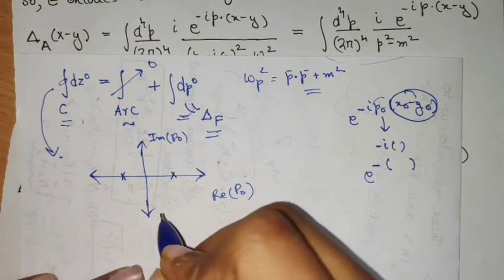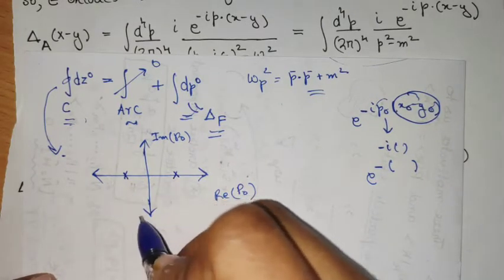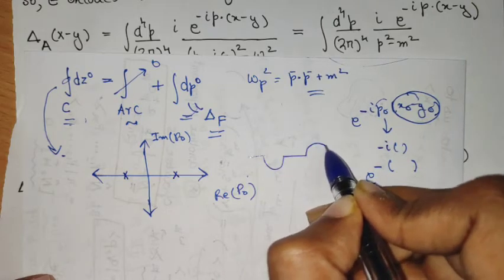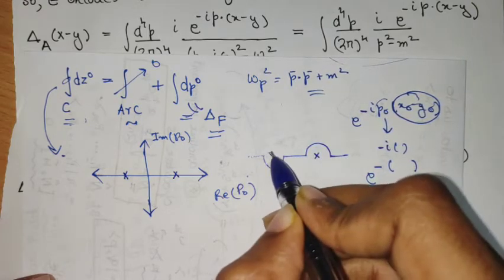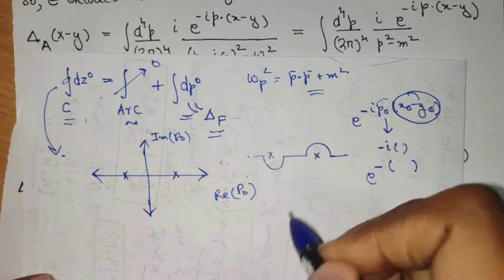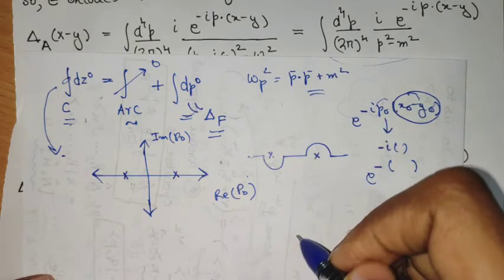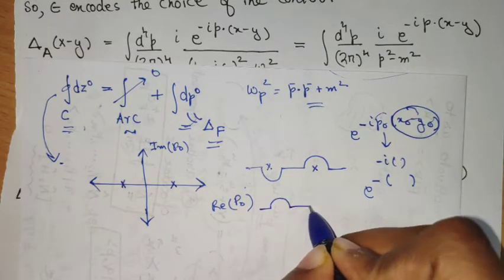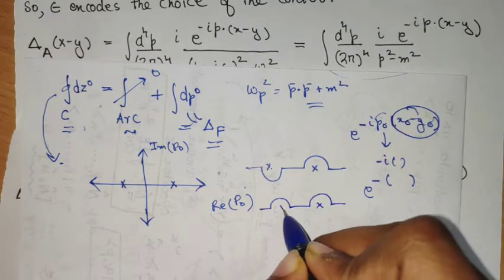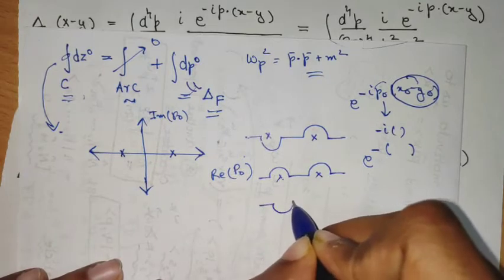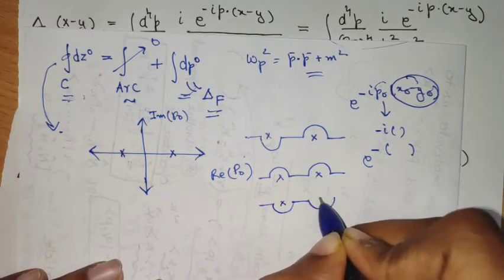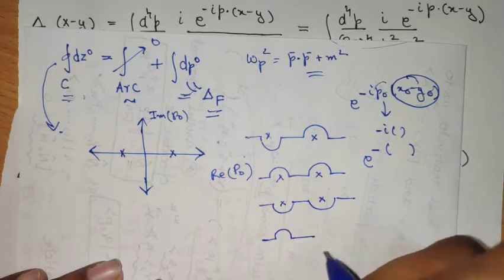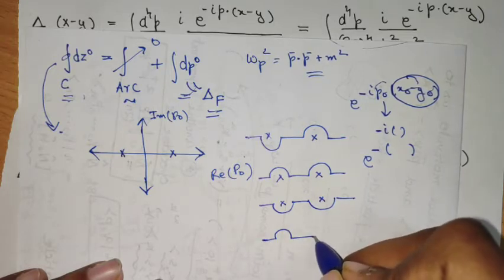Now I have already seen that if I choose a contour that passes the poles in this fashion, here is a pole, here is a pole, then this gives rise to the Feynman propagator. But only looking at this integral, I could have said that I traverse my contour in this particular direction, or I traverse my contour in this particular direction, or I even traverse my contour in this particular direction.